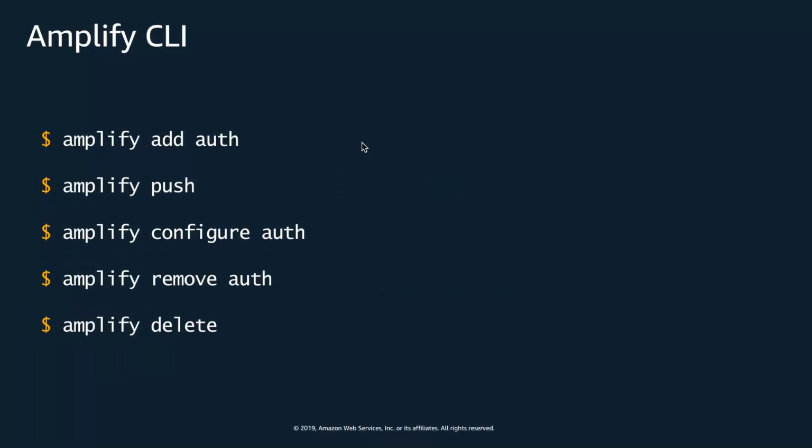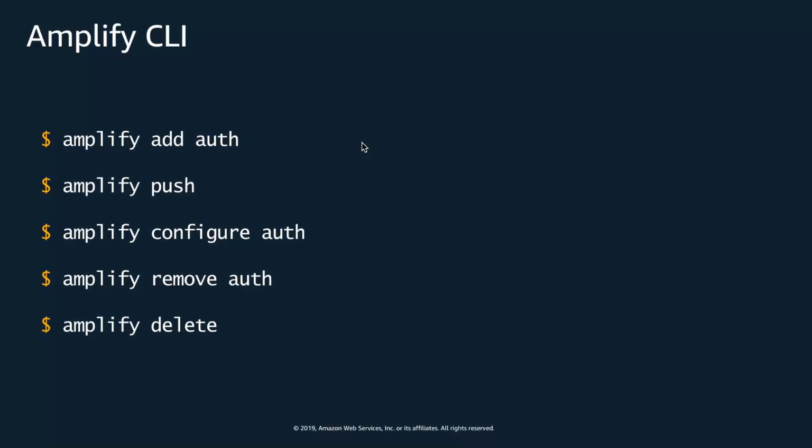To work with the CLI, this is a typical flow. You'll be inside of the root of the project that you're working in, and then you can run these Amplify commands to start creating and managing services. To add a new service, you would run Amplify add and the name of the service. That would allow you to walk through some configuration locally. When you're ready to deploy the new service, you can run Amplify push.